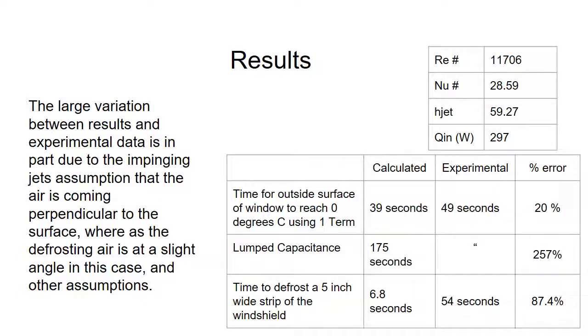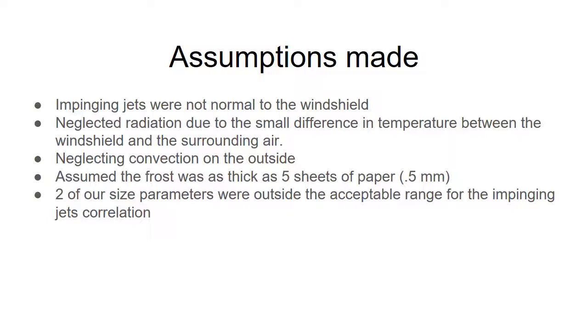One of the assumptions we made is that even though the impinging jets are not normal to the surface of the windshield, it would still be close enough to get accurate results. The jet wasn't normal to the windshield, obviously, and that can account for the 20% difference in time.